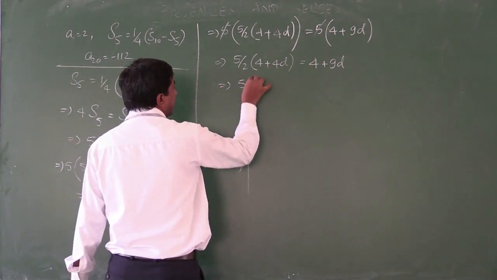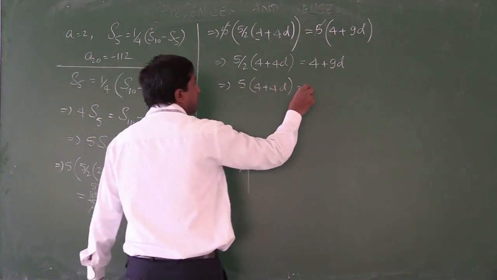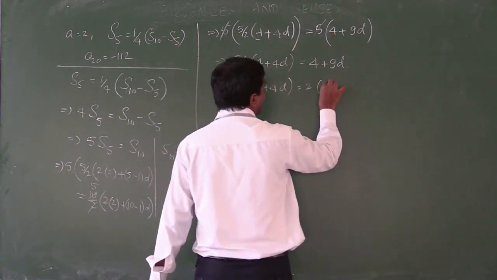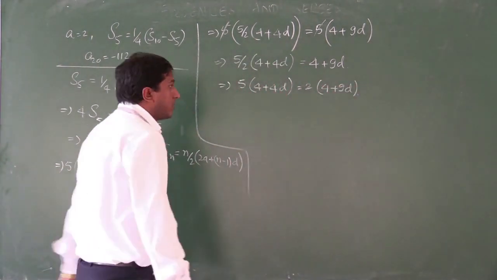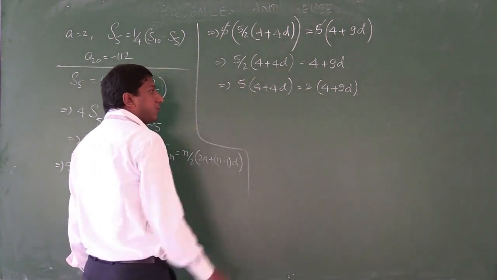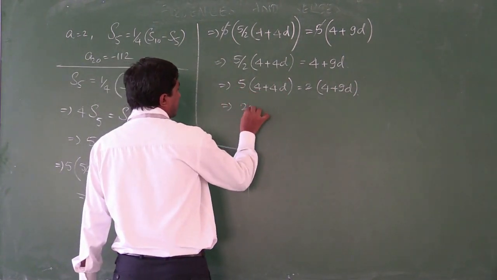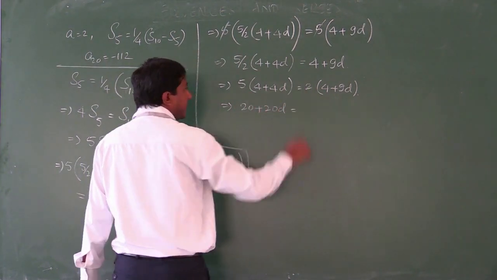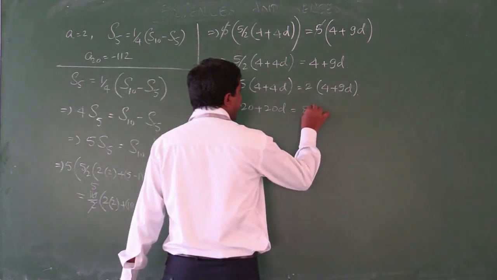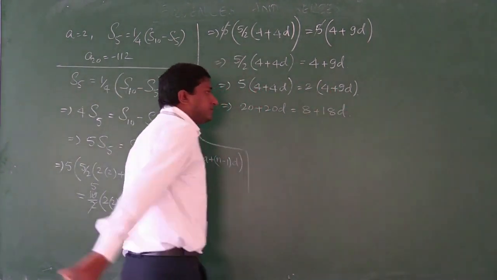We have 5 into 4 plus 4D equals 2 into 4 plus 9D. Multiplying 5 with this binomial on the LHS, we have 5 4s are 20 plus 5 4s are 20D equals 4 2s are 8 plus 2 9s are 18D.